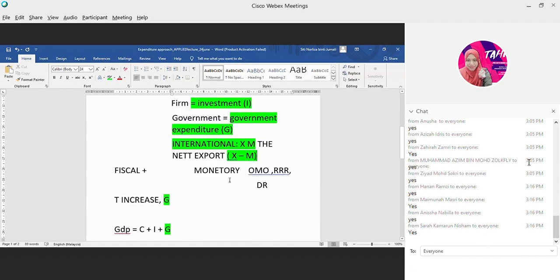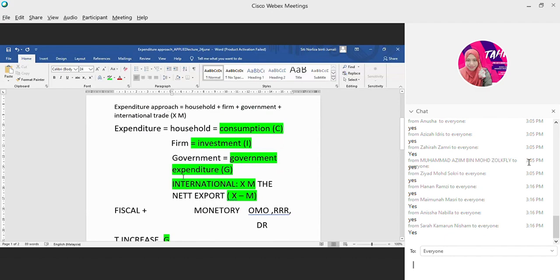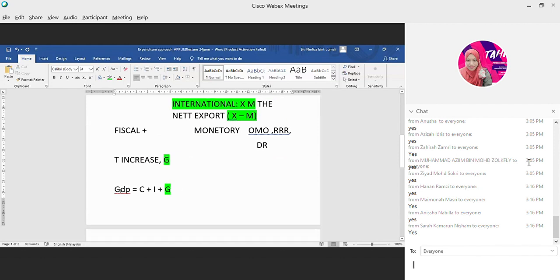So this is the component: C, I, G, X minus M. Basically, GDP is equal to C plus I plus G plus X minus M. You don't have this in your slide, so this is only revision.